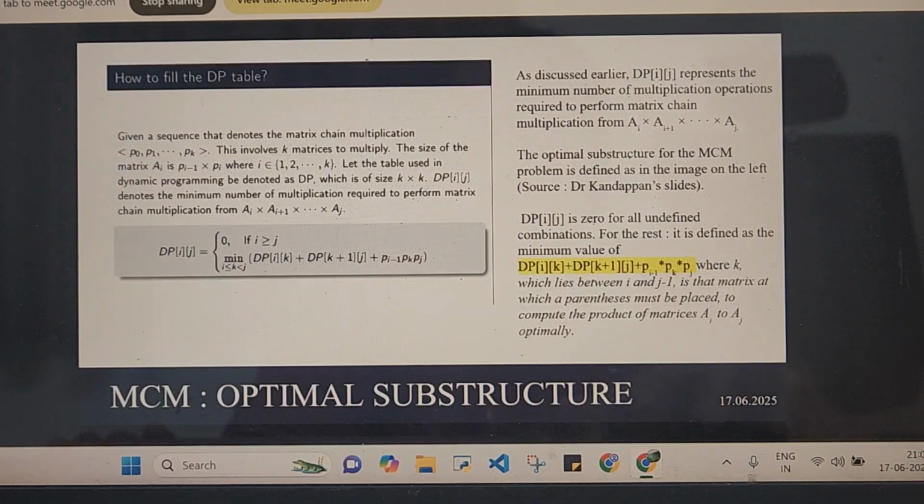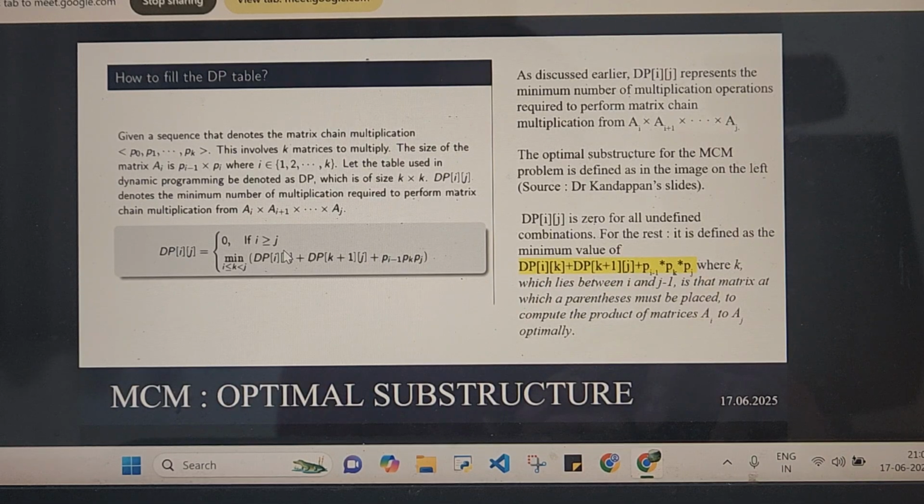So if you have done this, dP[i][k], you will have a matrix with specific dimensions. And if you have done this, you will have a matrix with specific dimensions. I'm not going to prove this mathematically because I don't want to make the lecture too complicated. But when you group the matrices I to K together, you will see that their dimensions are P[i-1] into P[k].